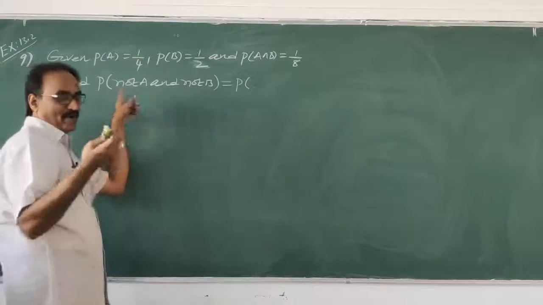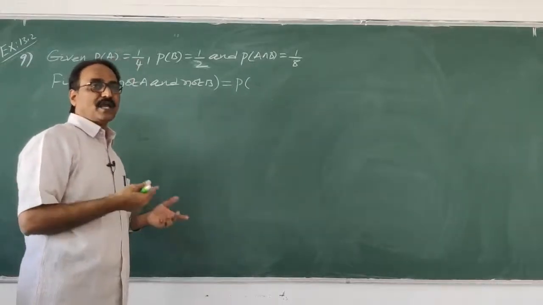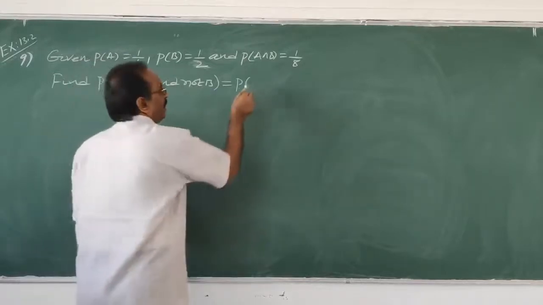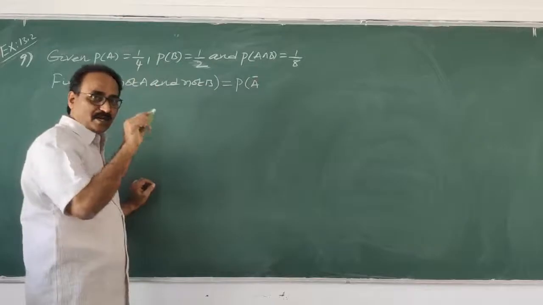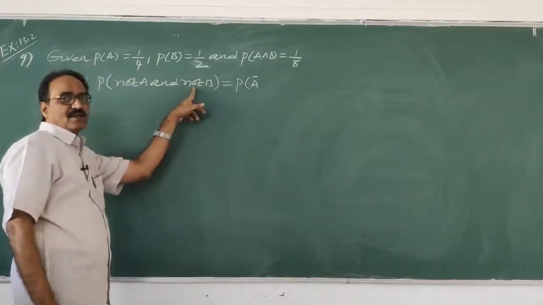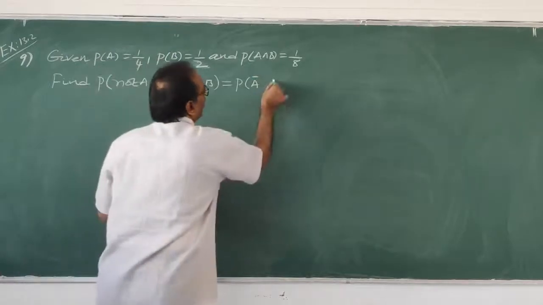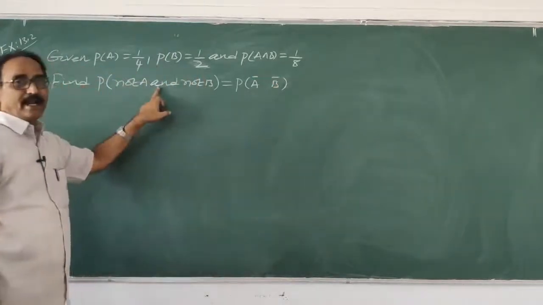Not means complement. Not A, I don't want A, means its complement, A bar or A dash. Generally we will write A bar. Next, not B, same, B bar. But in between, what is there? And.